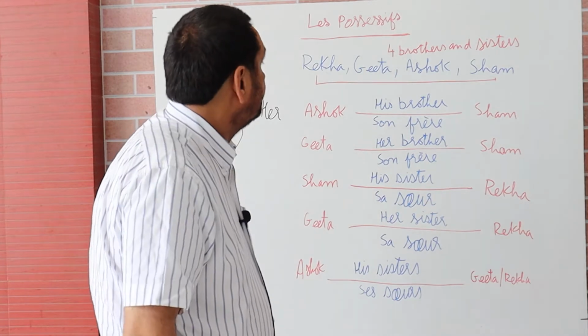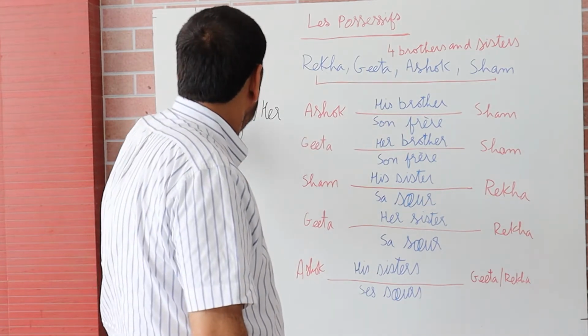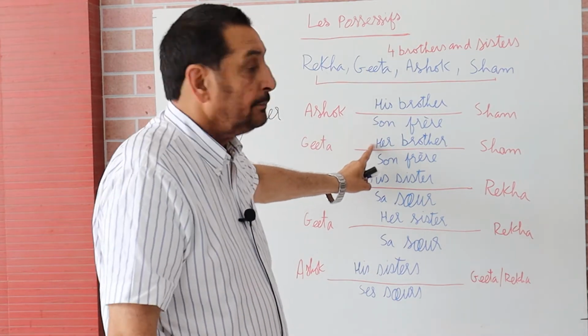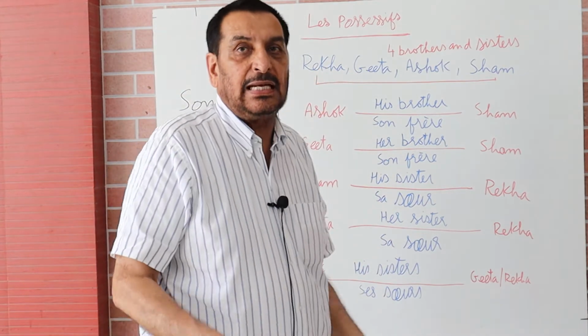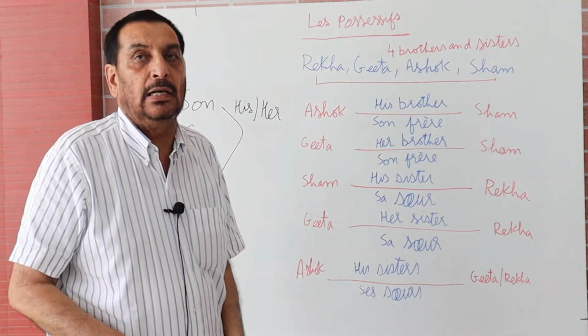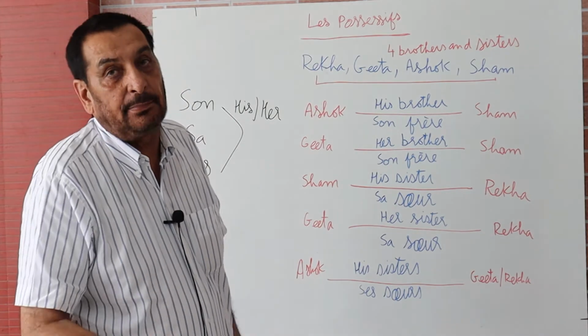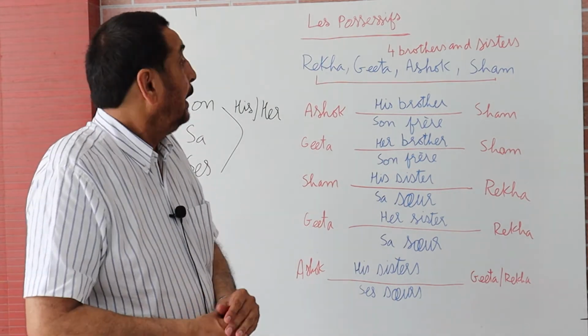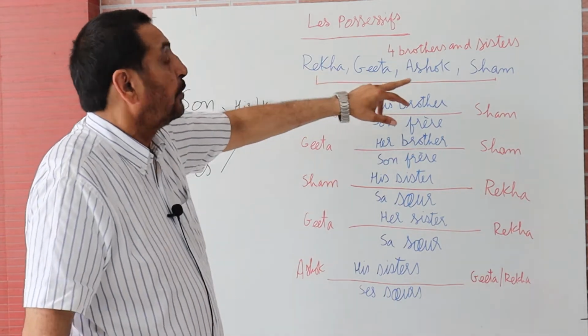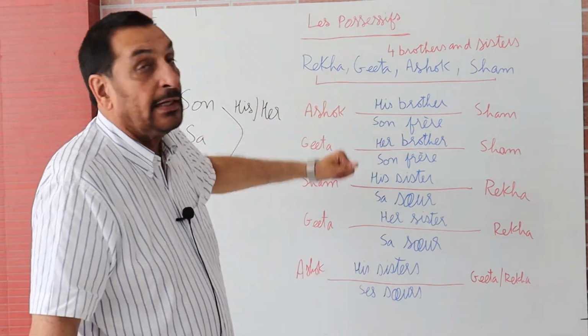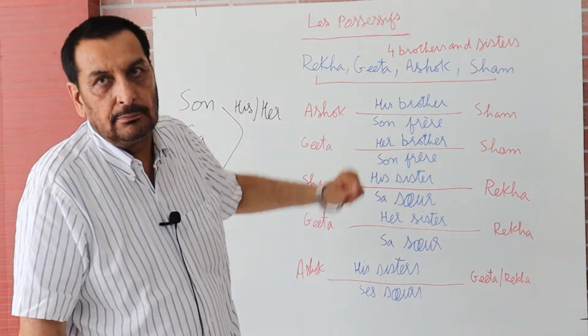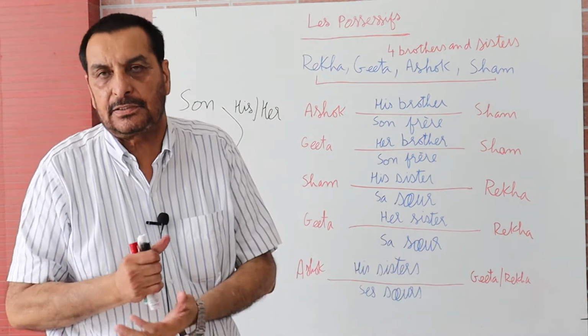So can become his, so can become her. For example, it's very similar again to Hindi and Punjabi. I will explain you how. So we have 4 brothers and sisters, Rekha, Geeta, Ashok, Sham. Therefore 4 brothers and sisters.